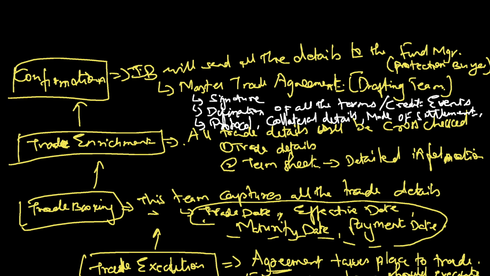All these will form part of the master trade agreement, shortly called MTA. Then it goes to the next team. This goes to the pre-matching team.